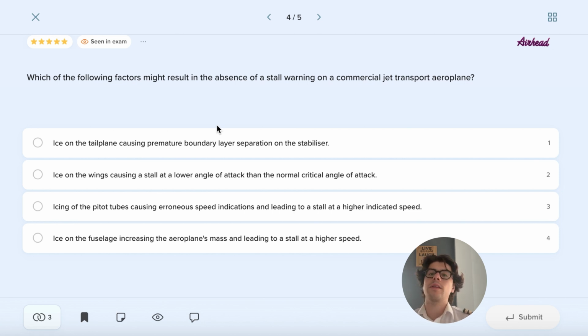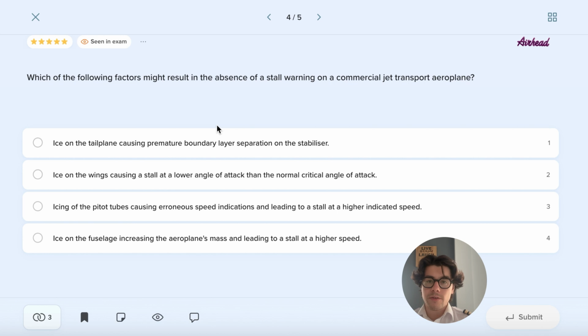And of course, we know that the greater the mass, the greater is the required lift, meaning our stall speed starts to increase. However, the first thing that will happen is that the ice changes our aerodynamic profile. So it changes the form drag that we have on the aircraft because of the friction of the skin that the ice is causing, as well as it's disturbing the shape of the wing.